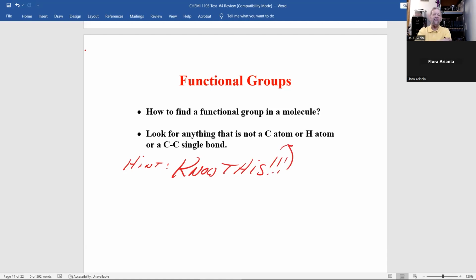You should know how to find a functional group. Look for anything that is not a carbon atom or a hydrogen atom or a carbon-carbon single bond, and you've found a functional group.